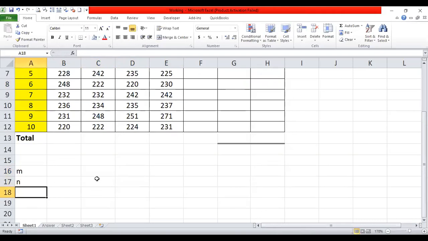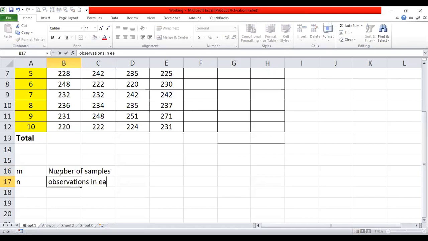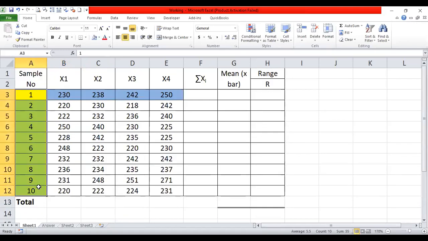So here, 2 values will be used, M and N. M is the number of samples and N is the number of observations in each sample. So M is the number of samples, that is we have 10 samples here.